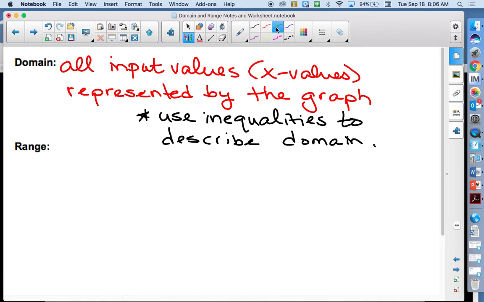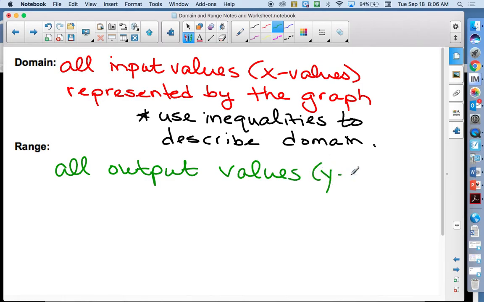So if the domain are the input values, the range would be the output, which are the y values, again represented by the graph.